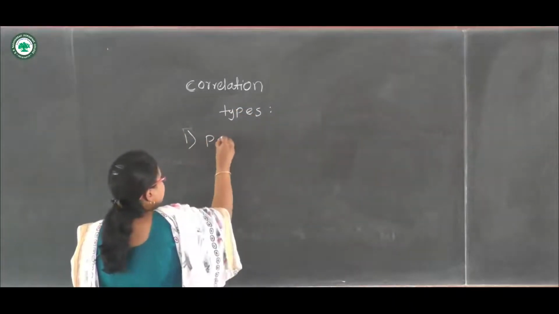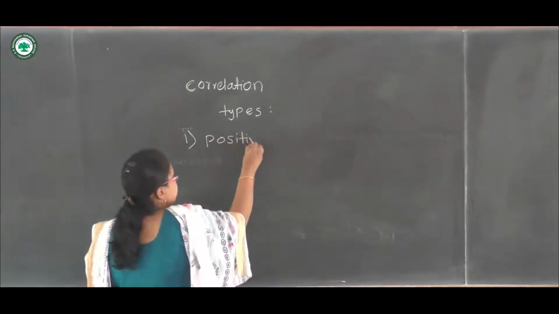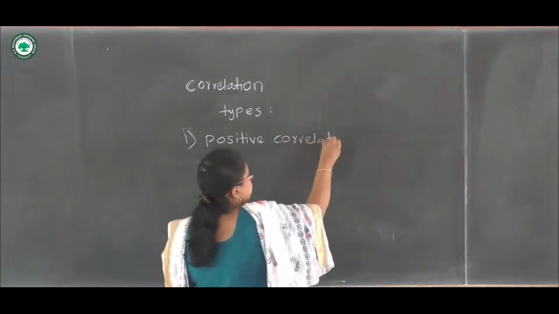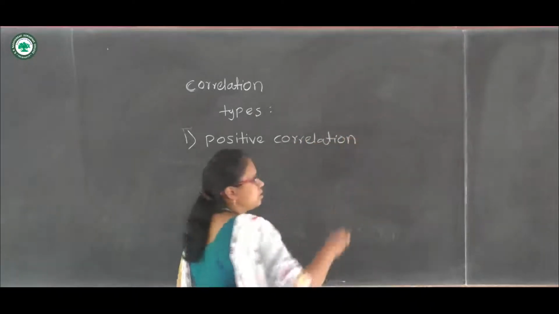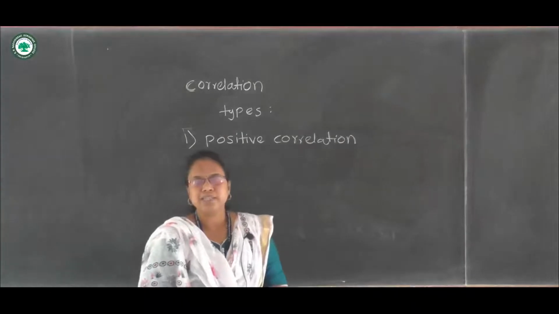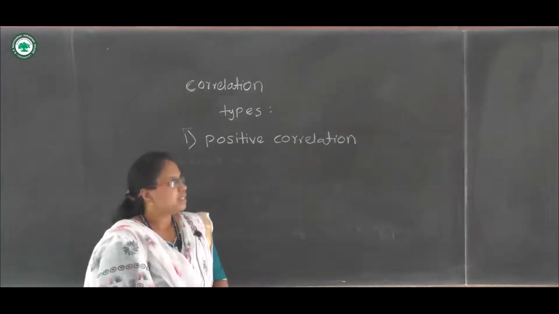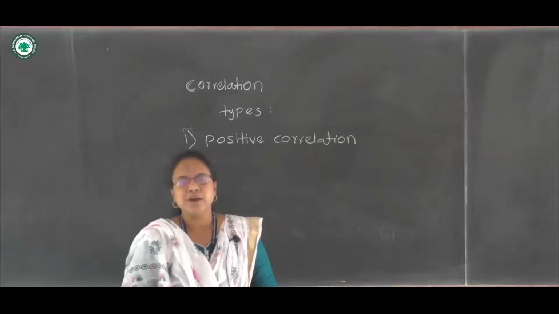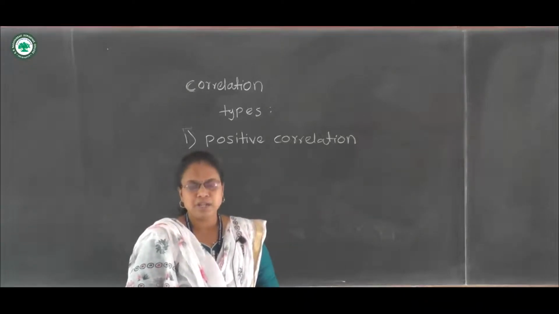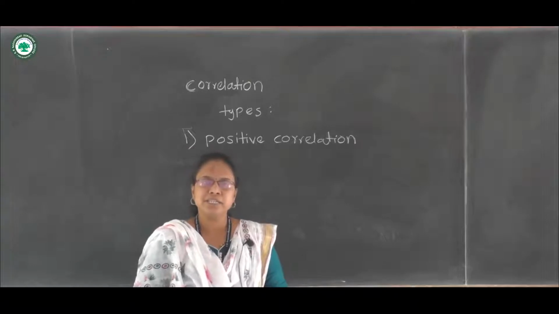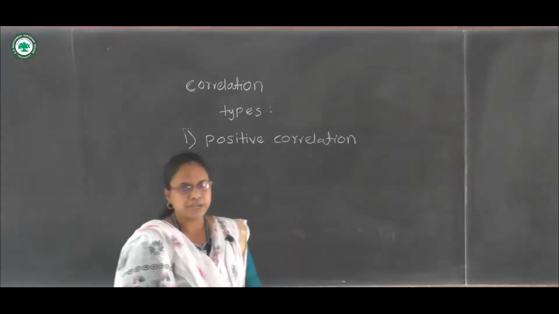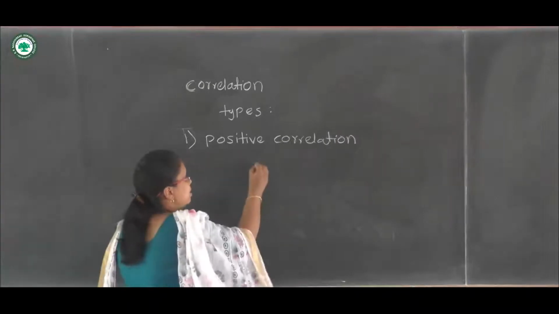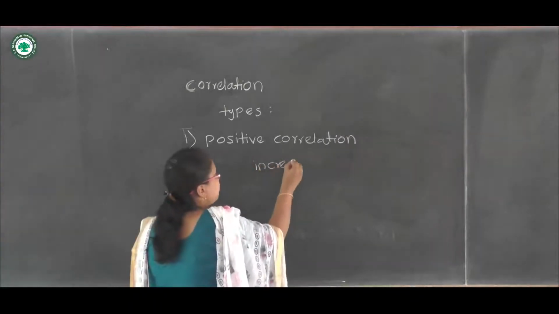First is positive correlation. The variables x and y are said to be positively correlated if increase in value of one variable is associated with increase in the value of the other variable. So here we can see there is a relation like increase.